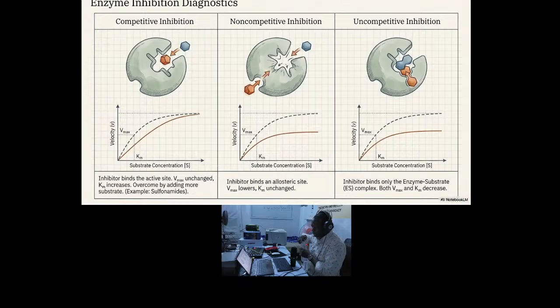Now the third type of enzyme inhibition is what is called uncompetitive. From the onset, this one is going on its way, and this one is also going on its way. So this one has its own different binding sites.